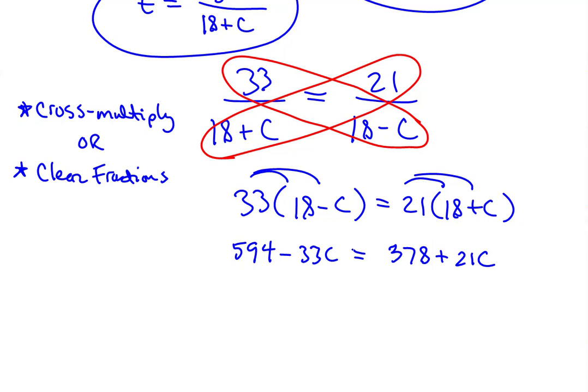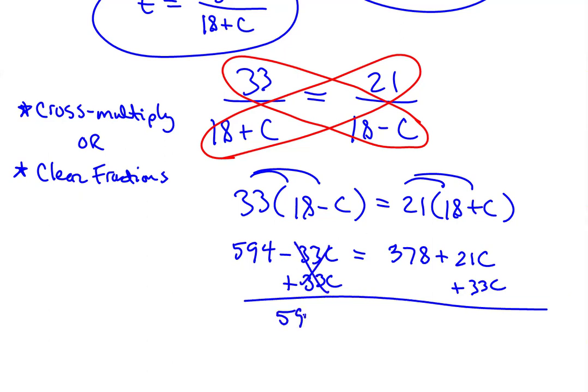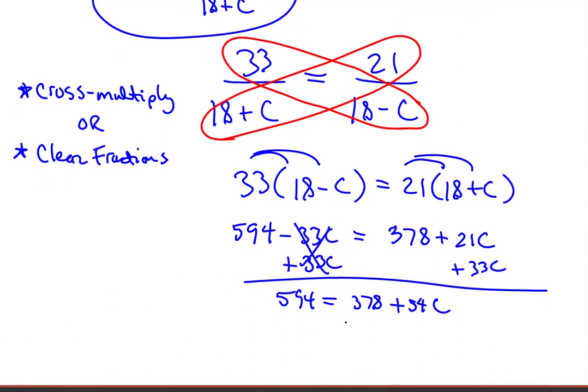And from here, we'll just solve using our good old equation solving strategies. We'll go variables first, smaller to larger. And to do that, I'm going to add 33c to both sides. Combining those like terms as we do, that will give us 594 equals 378 plus 54c. And we're going to want to solve for c at this point, so we can subtract 378 from both sides.